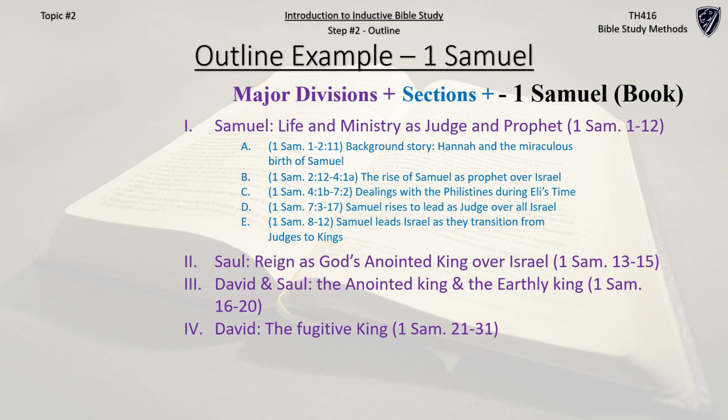Of course, later on, as you go through your ministry, if you've done it well, you can add in additional levels if you feel that it's necessary, and that will help you even more later on in your ministry. But for now, just do major division, sections, and segments.